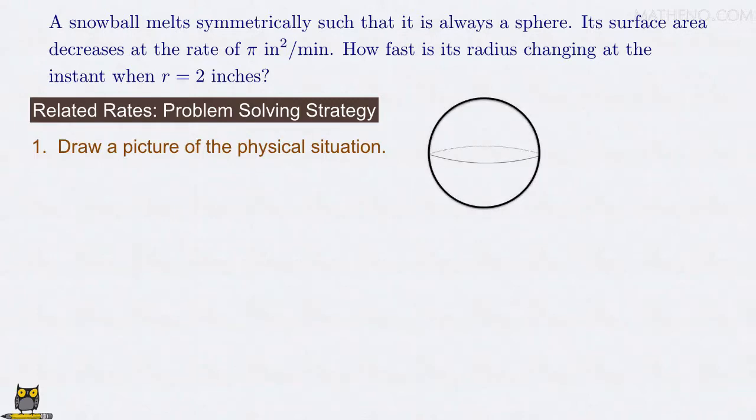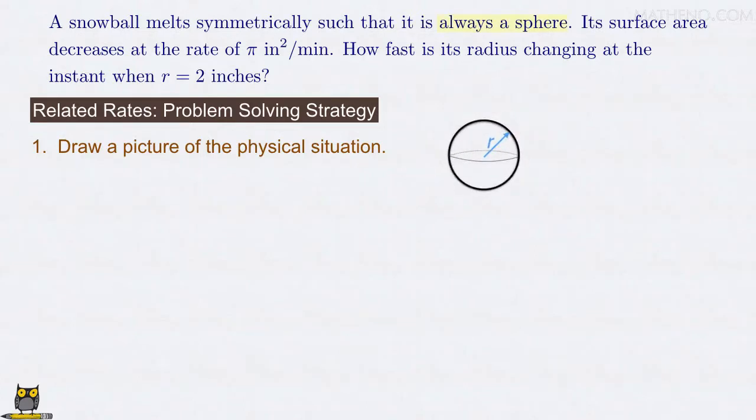And anytime we have a sphere, we automatically add a radius r, since that value will undoubtedly enter into our analysis. Now, the problem states that as the snowball melts, it always remains a sphere, and that fact is going to be crucial to our solution.